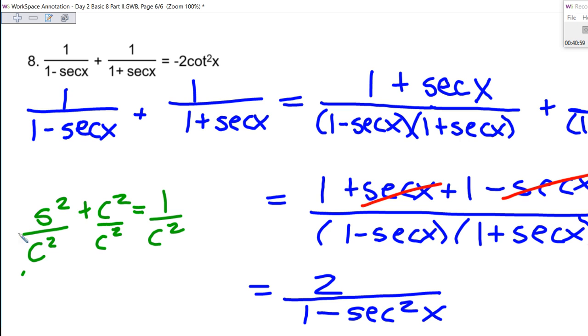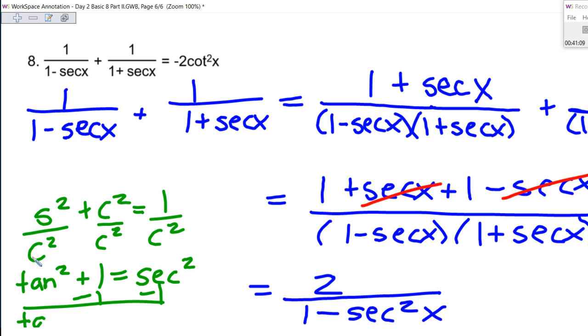So that gives me tangent squared plus 1 is equal to secant squared. If I subtract 1, that gives me tangent squared is equal to secant squared minus 1.